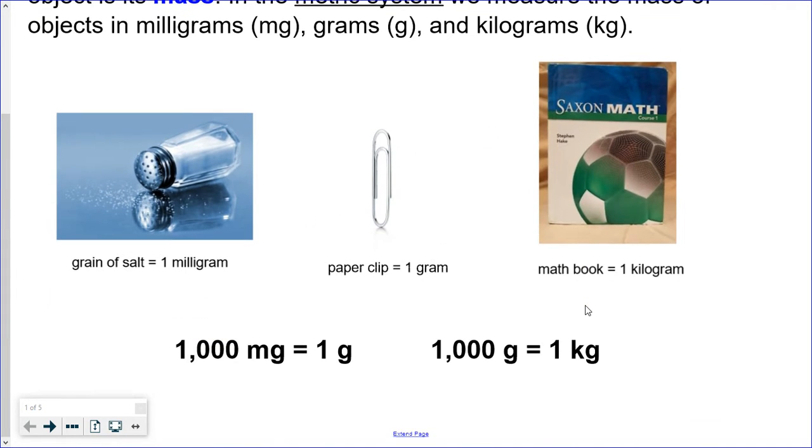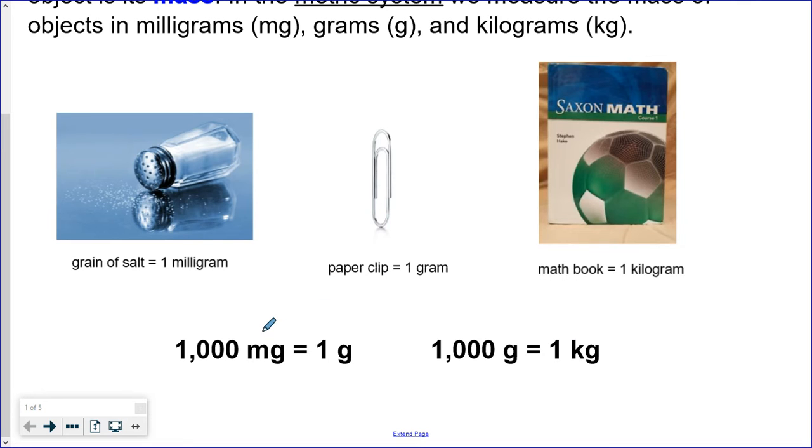Now, this would be a conversion chart that I think is going to be helpful for your lesson for today when you're trying to convert from milligrams to grams or from grams to kilograms. If you take 1,000 of these little grains of salt and combine them together, it's going to equal 1 gram. And also, if you take 1,000 of those grams and combine them together, it's going to equal 1 kilogram.